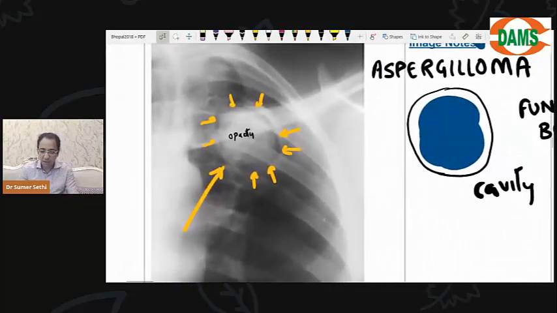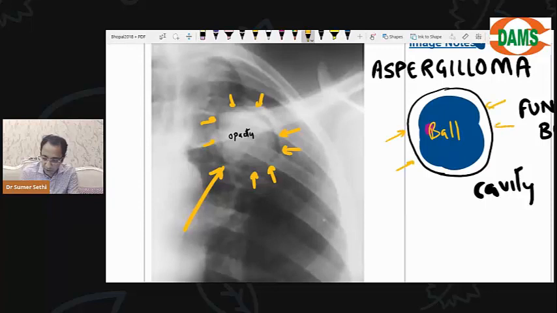The key to identifying is that around this fungal ball, you should be able to see a crescent of air. Okay, you should be able to see a crescent of air.